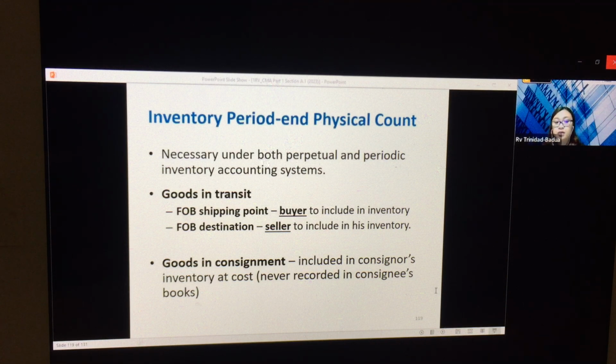Halimbawa ako, magpapakonsign ako sa inyo ng expensive bags. That's still part of my inventory, kahit na nasa iyo siya, because you're holding it for sale for me. So, usually, we do consignment because this arrangement can be very low commission, there's this low time investment.